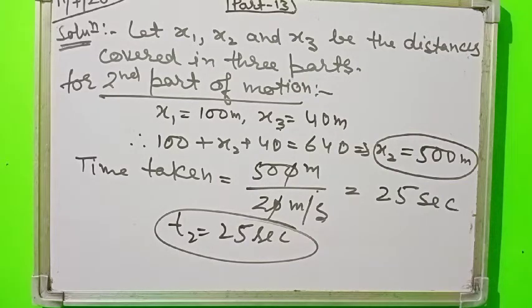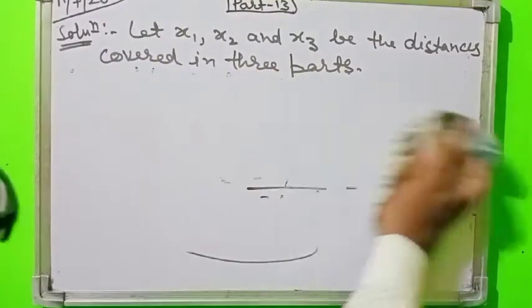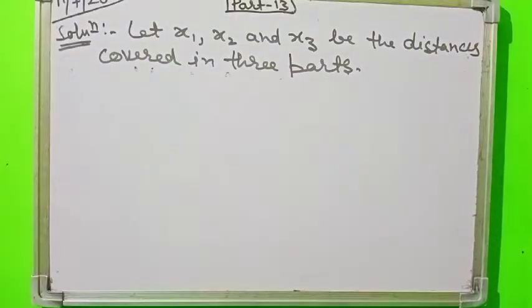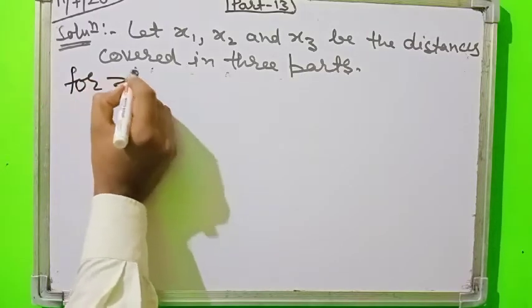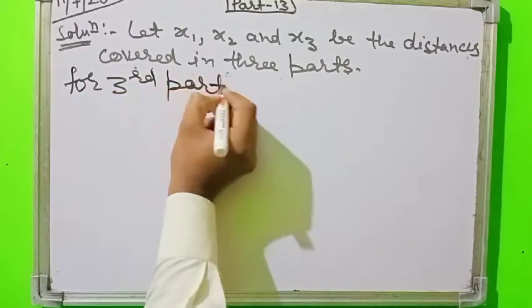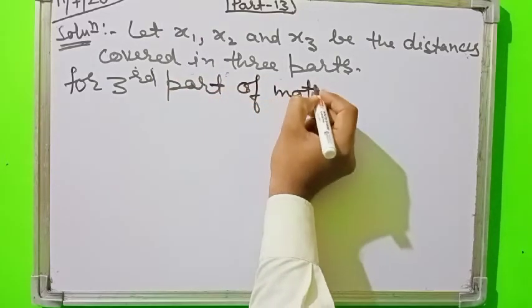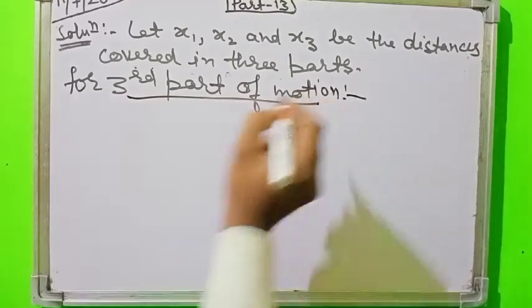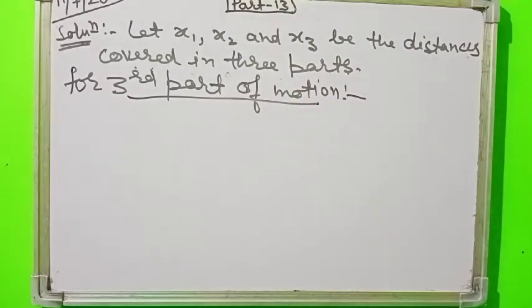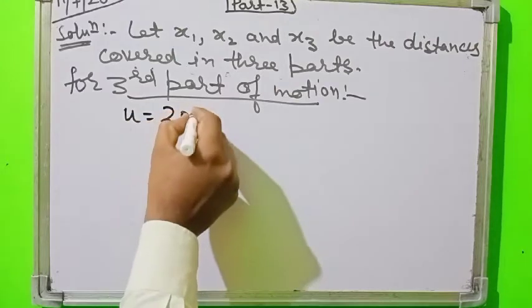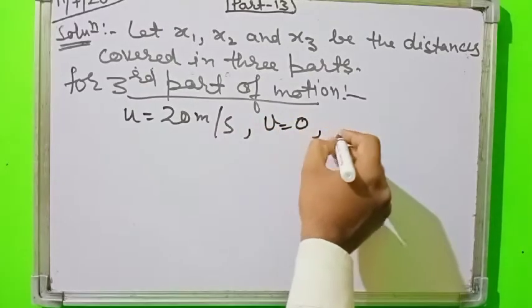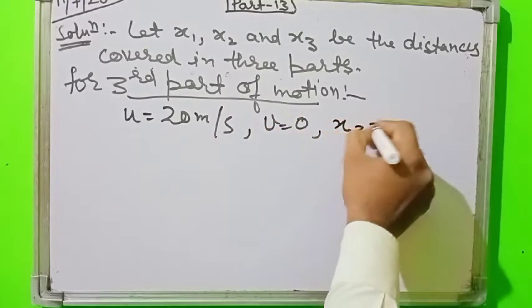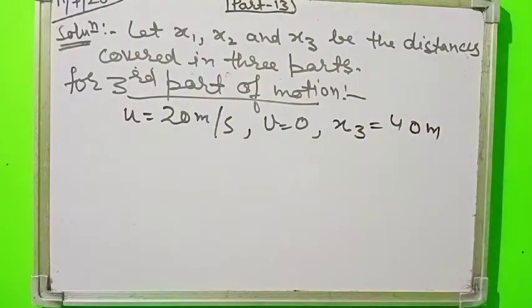Now for the third part of the motion, initial speed u is equal to 20 meter per second. It comes to rest, that is v is equal to 0, and x3 is equal to 40 meter, already given in the question.